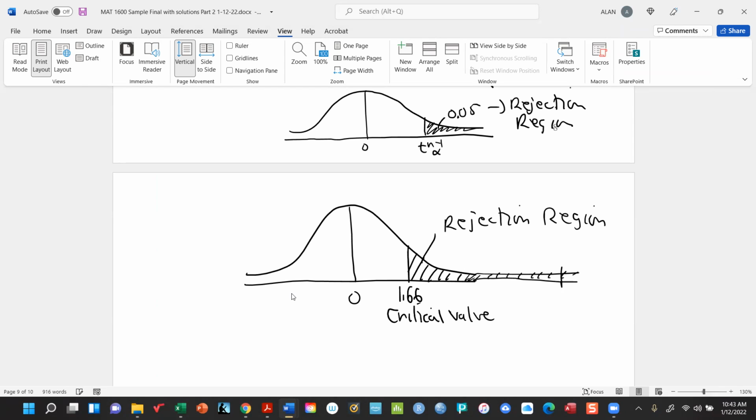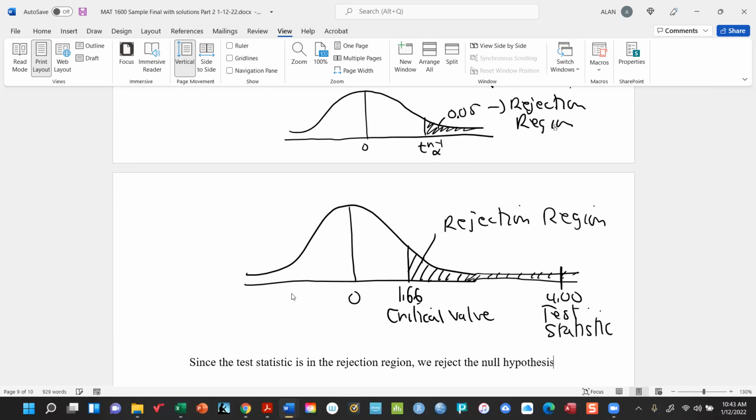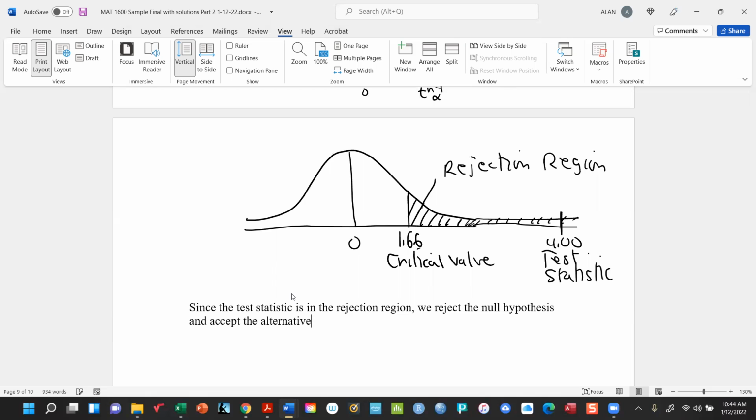Our test statistic is way, way out here. So basically, remember the way this works is that since the test statistic is in the rejection region, we reject the null hypothesis and accept the alternative hypothesis.